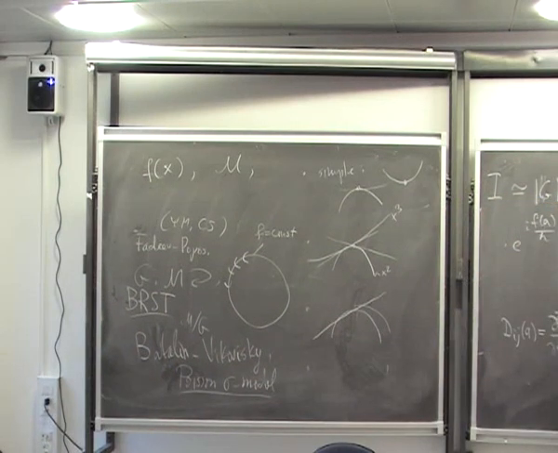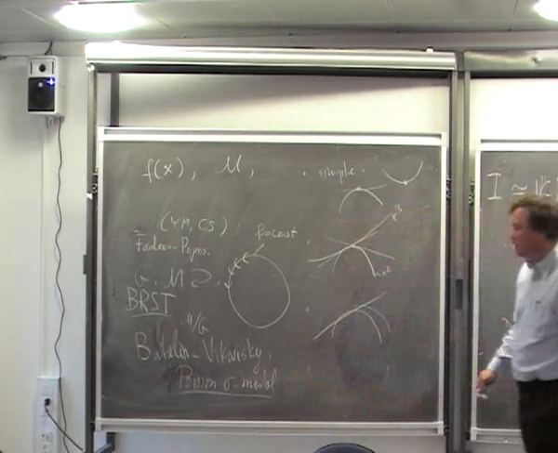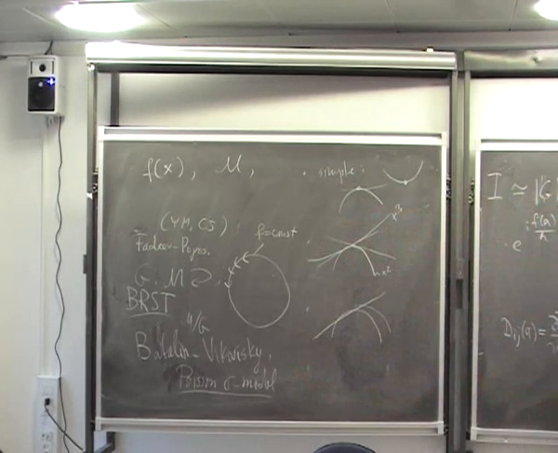Formal deformation quantization is a formal power series which defines an associative operation on the Poisson algebra. So here you can see formal power series, and there is a very special quantum field theory called the Poisson sigma model, which produces formal power series describing the deformation quantization of Poisson manifolds.